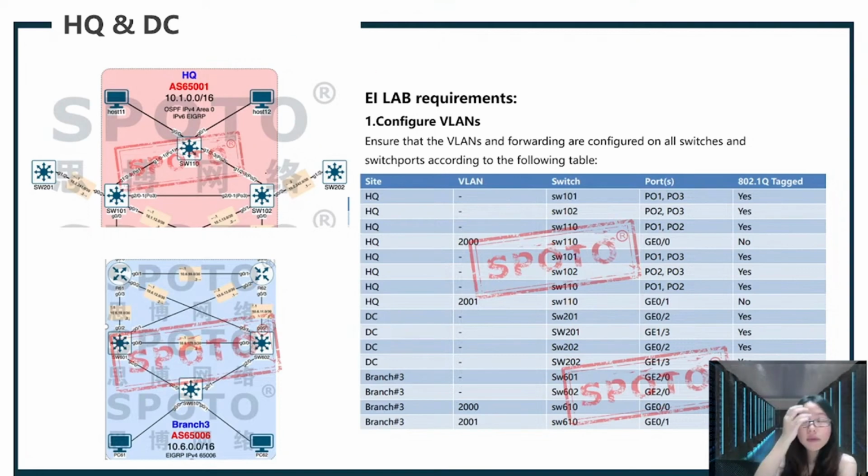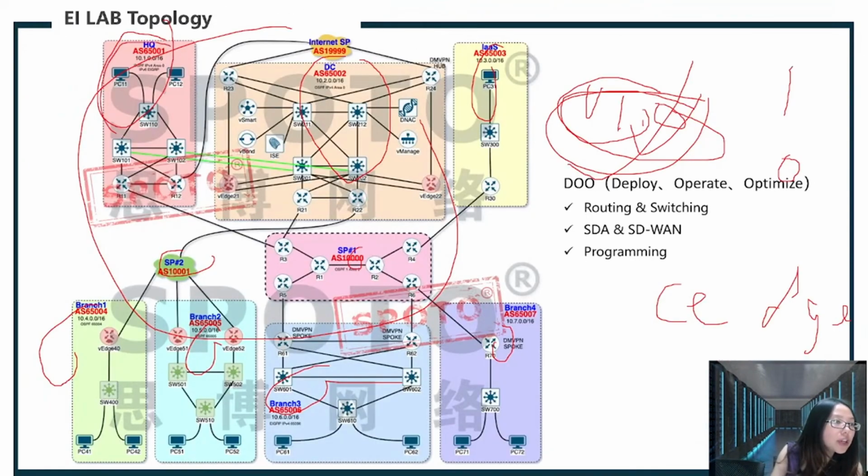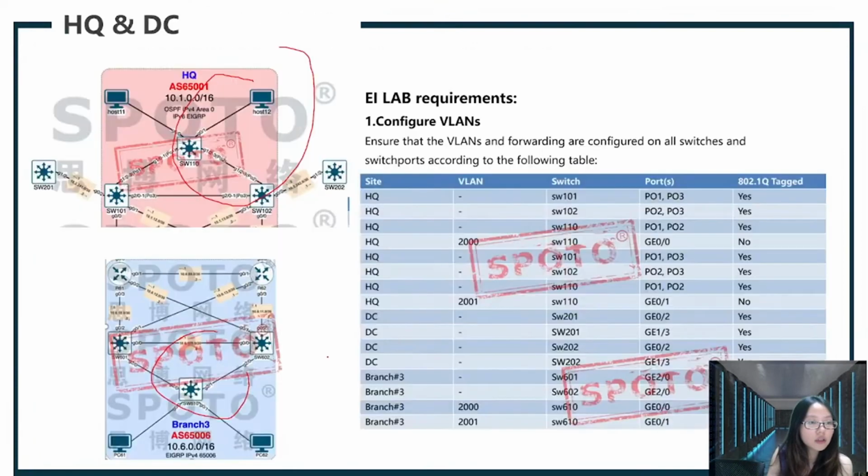Let me show the requirement first. You can see this is the HQ category, and this is branch 3. In this, the main technical point involved is VLAN.